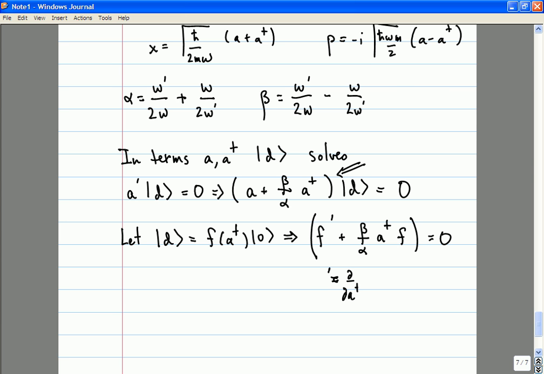Okay. So that means that f is going to be some overall constant times e to the a dagger squared with a coefficient beta over 2 alpha.